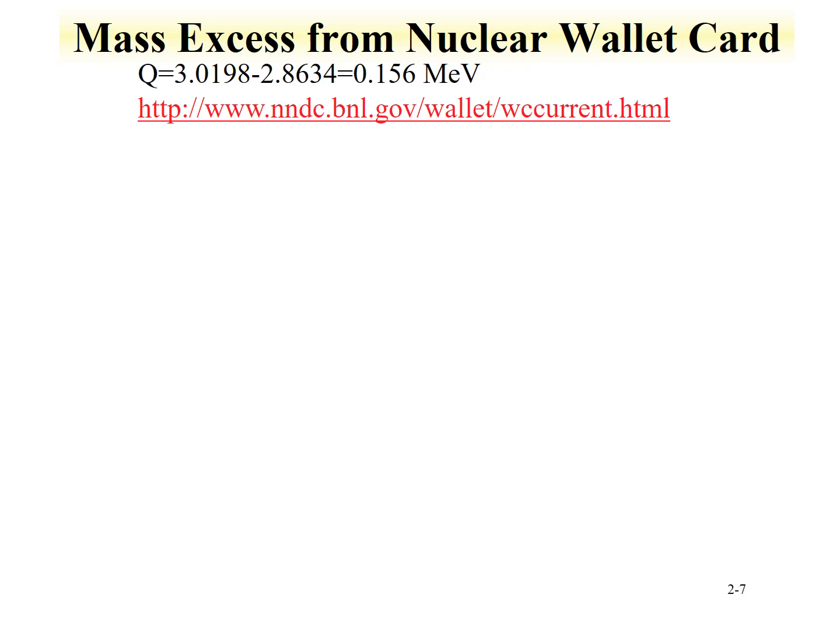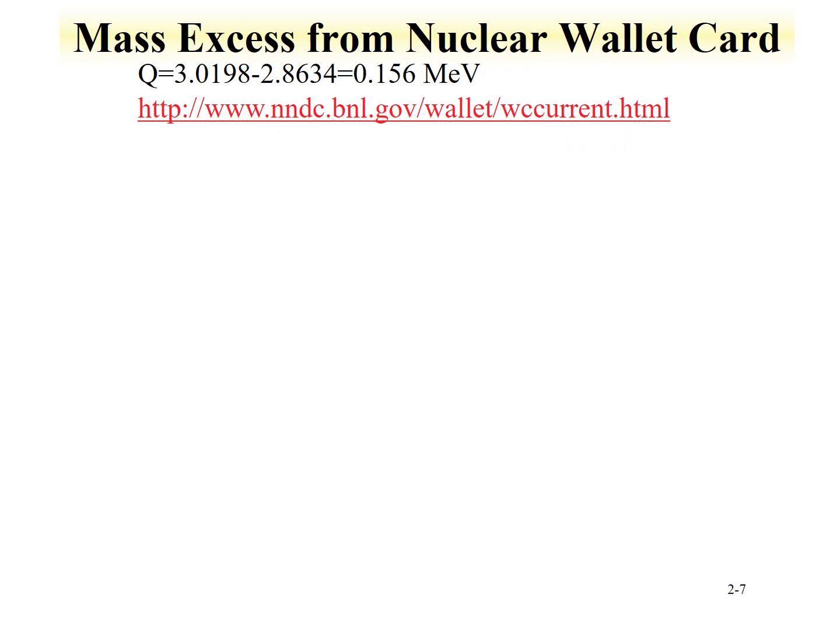On the previous slide, we saw that the Q value for the decay of carbon-14 is 0.156 MeV. I also told you that you could get the mass excess data for the isotopes involved, so carbon-14, nitrogen-14, from the nuclear wallet cards, and the website for the nuclear wallet cards is listed here.